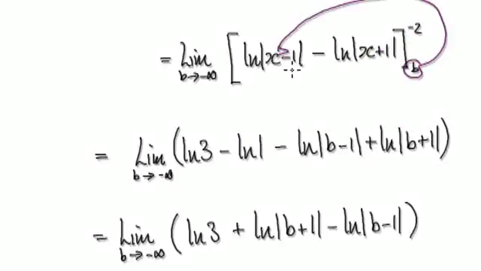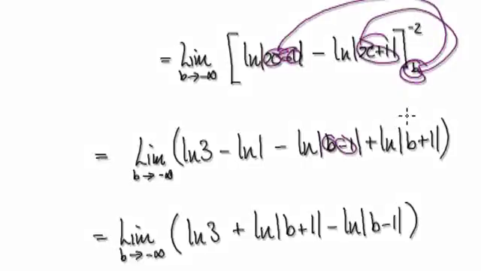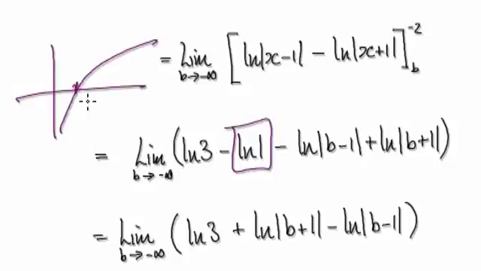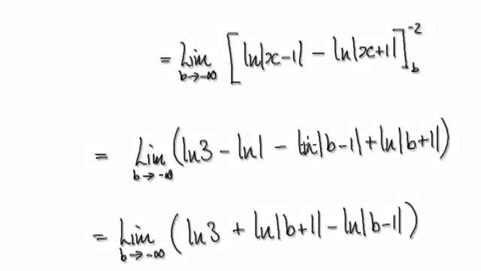Then put b into here, that would be b minus 1, and then put b into here. This thing will then become this. And natural log of 1, remember your natural log graph, natural log of 1 is 0. So this thing disappears.